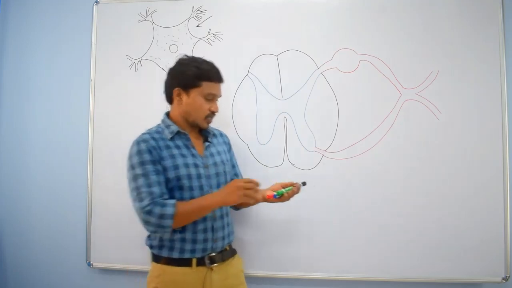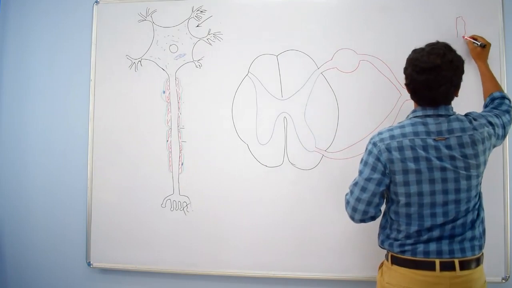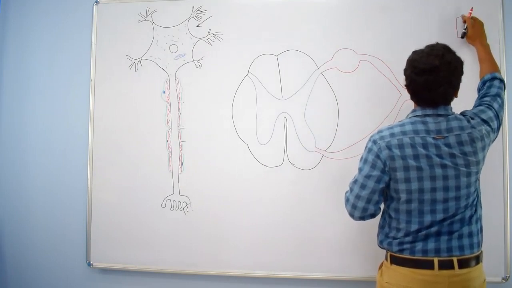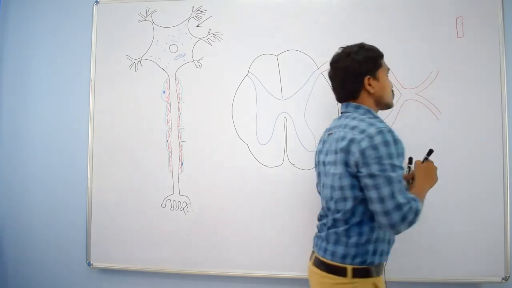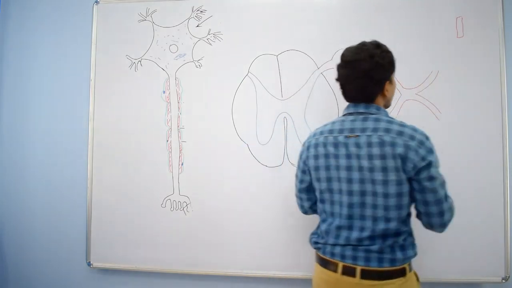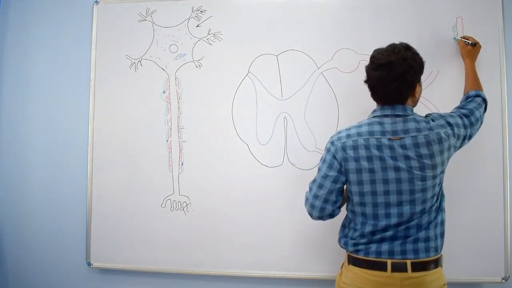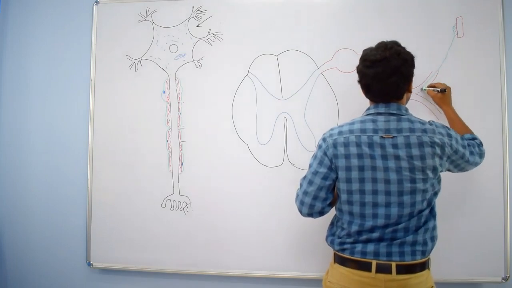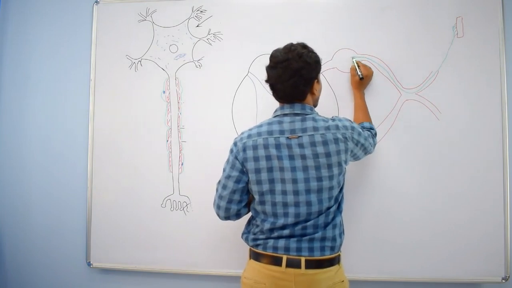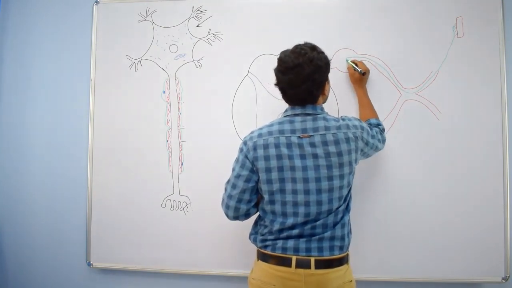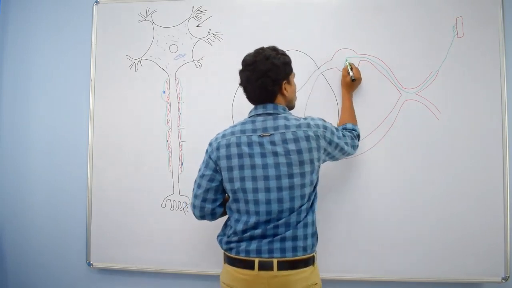So here is the receptor, which is present at the site of initiation of impulses. From there the sensory root passes through the posterior root, and this is the cell present in the DRG, dorsal root ganglia.